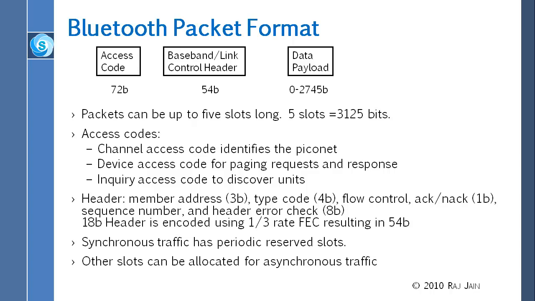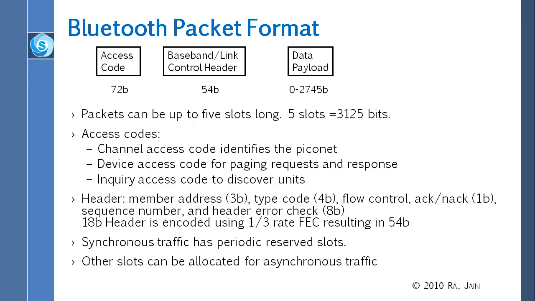So they're reserved slots, and you don't have all this header and all that. Every bit there is a voice bit. And other slots can be allocated for asynchronous traffic. So everything else, when you're sending files and other digital bits, goes through the asynchronous traffic. So the voice is handled separately, and that is called synchronous.